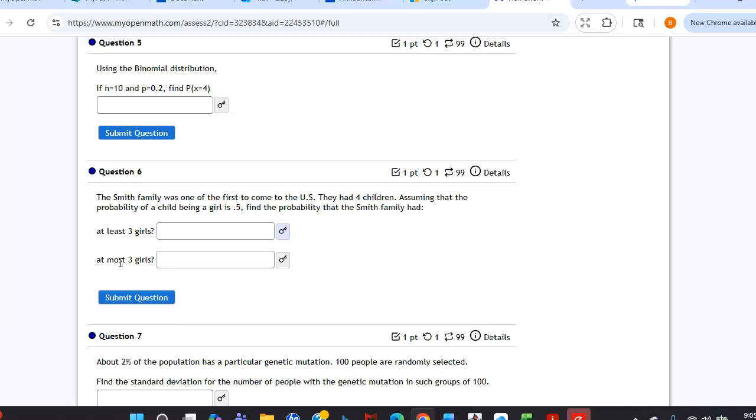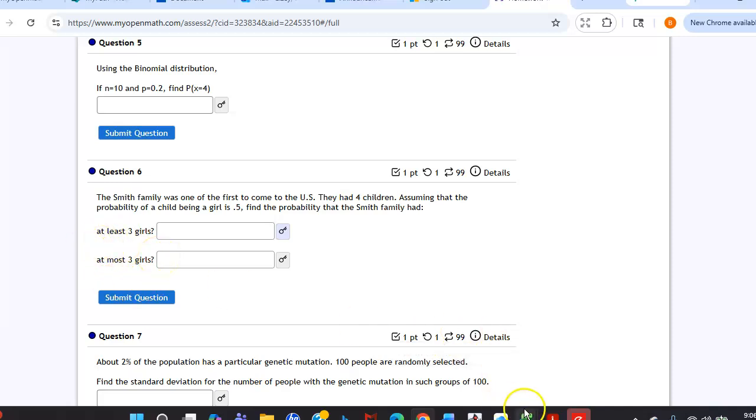We couldn't have 4 girls in this particular instance. So we could do a computation of 0 girls, 1 girl, 2 girls, and 3 girls. But that's 4 different calculations we would have to do. Instead, let's do its complement, the idea that we had 4 girls, and of course we can use the law of complements and do 1 minus the probability of 4 girls, and that will give us the probability of at most 3 girls.